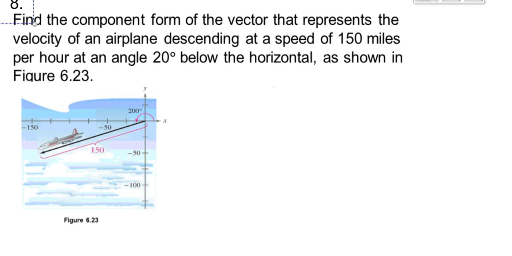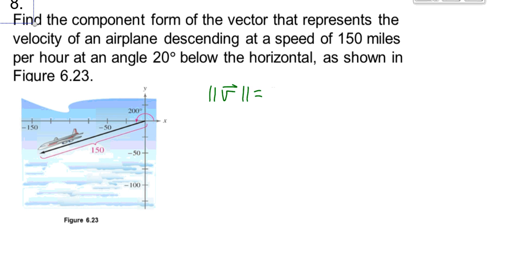So this is our picture as we're looking at that, and all we want to do is find the component form of the vector that represents this, and then we'll do one that maybe involves a little bit more action. So for this one, our magnitude is going to be what?